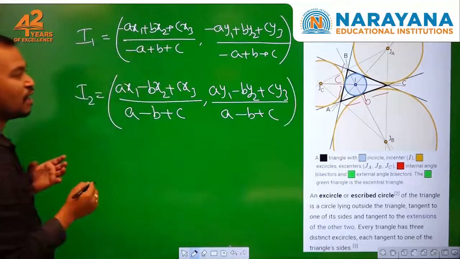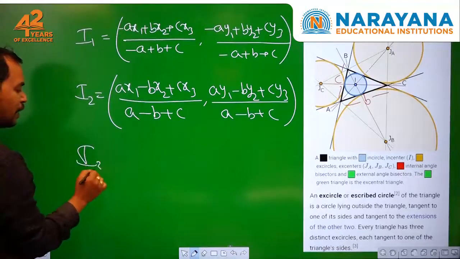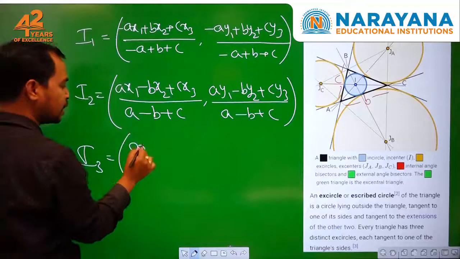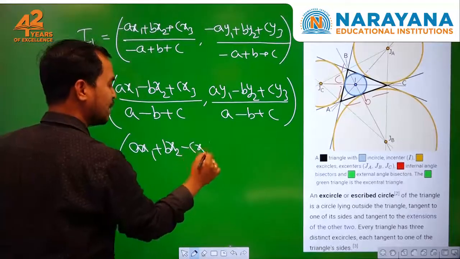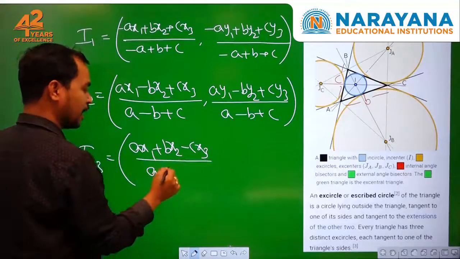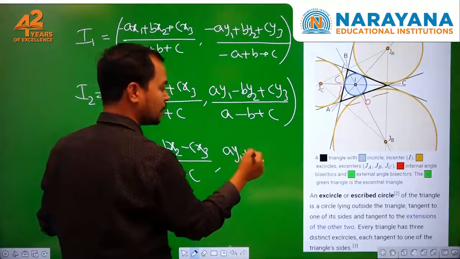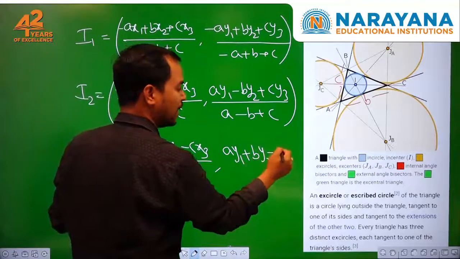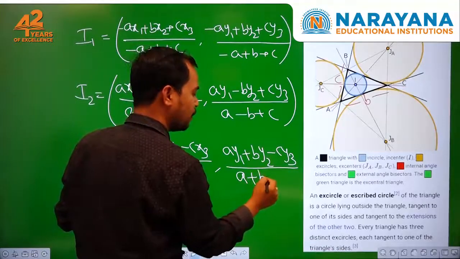This is the formula for the excenter opposite to B, I2. And coming to I3, (ax1 + bx2 - cx3)/(a + b - c), comma (ay1 + by2 - cy3)/(a + b - c).